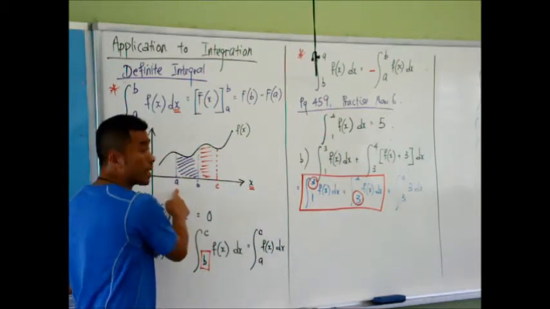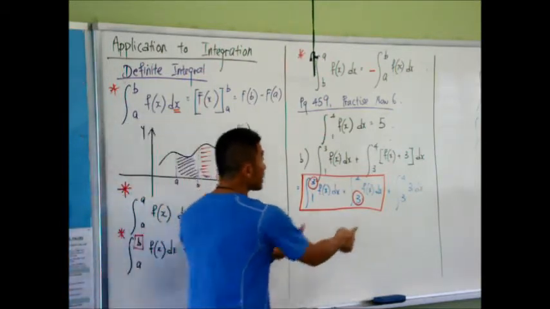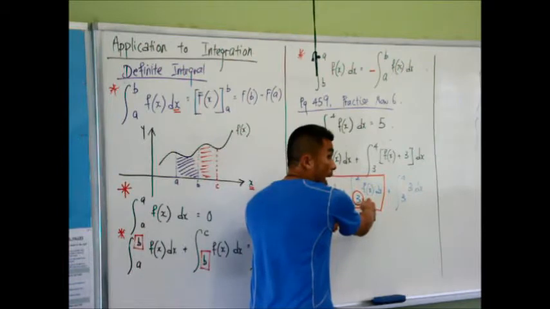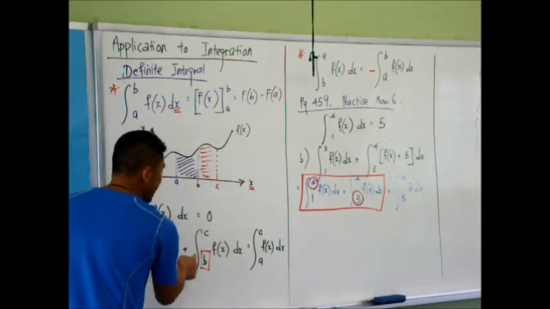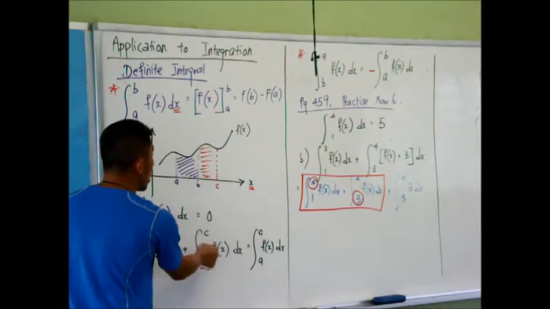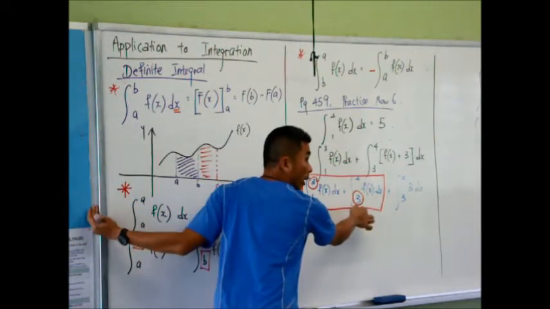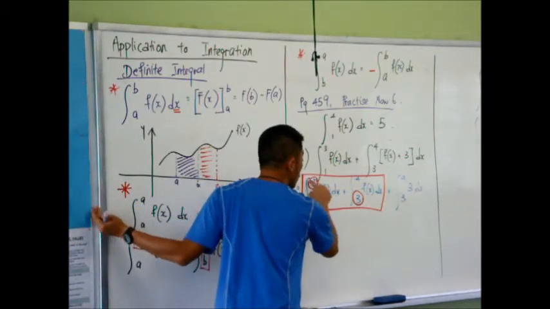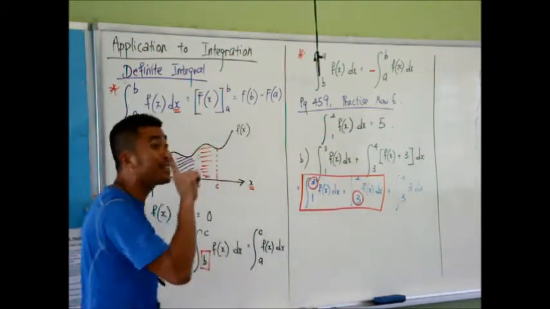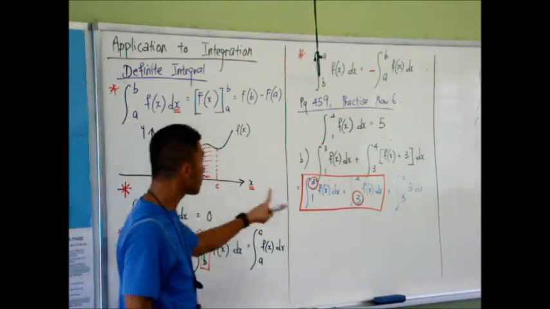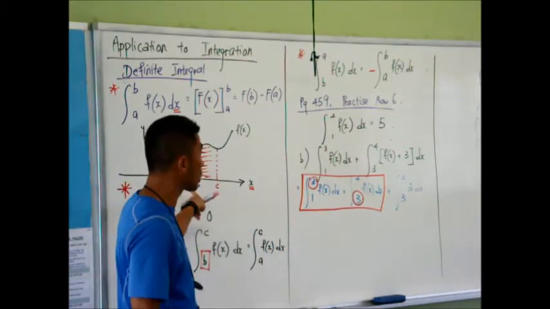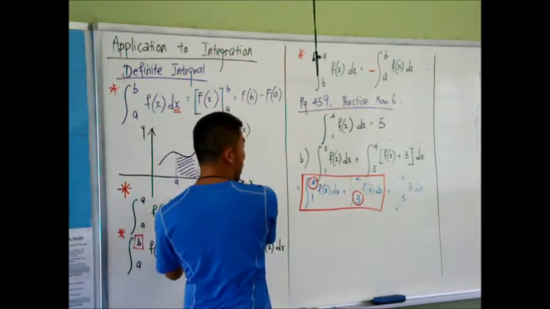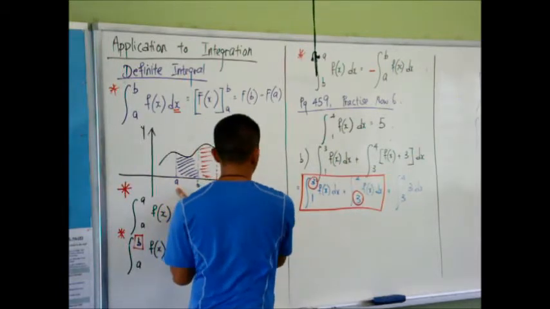Based on this graph, if this is the same function we are looking at, the upper limit is the same as the lower limit here, so it means that it's a common point. Instead of seeing this as 1 to 3 and 3 to 4, we can see this as integrating from 1 all the way to 4. So we combine everything together. So 3 is the common midpoint, 1 is your A and 4 is your C.